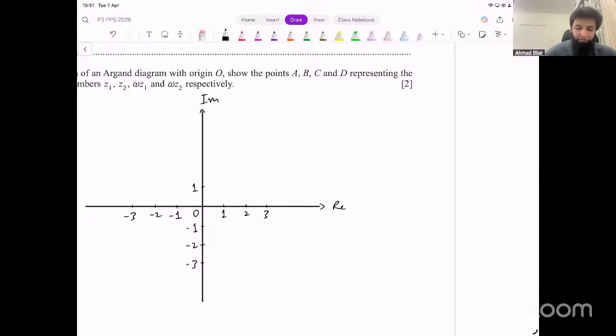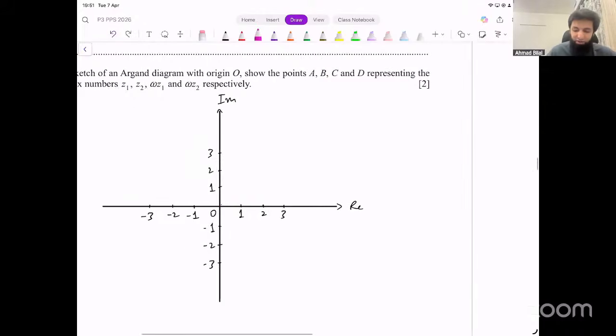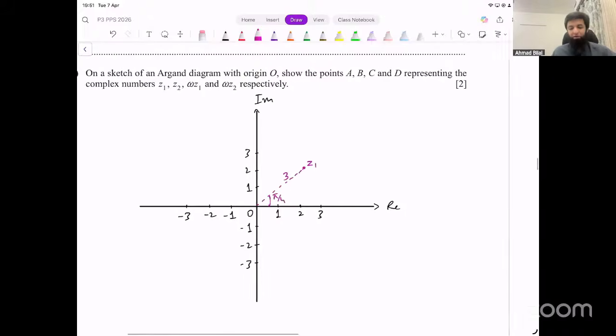We talk about this when we do complex numbers. 45-degree lines mean they should be like this, such that they pass through 1, 1, 2, 2, 3, 3. That's the line at which the point Z1 is going to be. So it's going to be somewhere on this line, such that its distance from the origin is 3 units. You can say this is pi over 4, the angle, and this point is Z1, such that the distance from origin is 3 units. That's your first point.